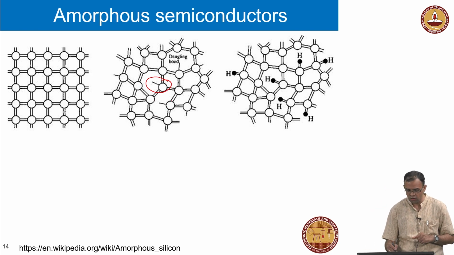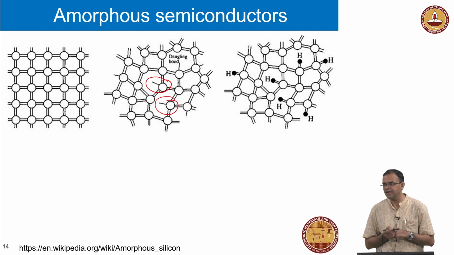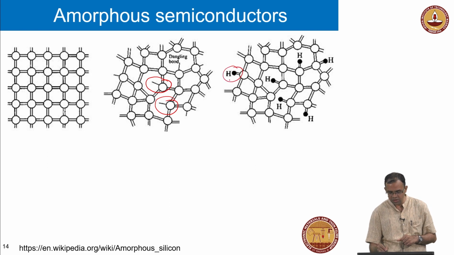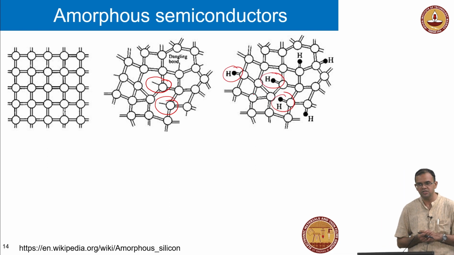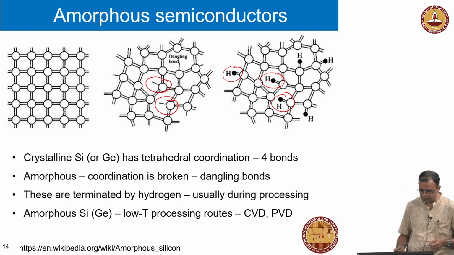So we have what are called dangling bonds. They are essentially silicon atoms with a free electron, which is now available for bonding because I no longer have this periodic arrangement. In many cases these dangling bonds are terminated by hydrogen, so we call these hydrogen terminated bonds, and what happens in silicon is also true in the case of germanium.